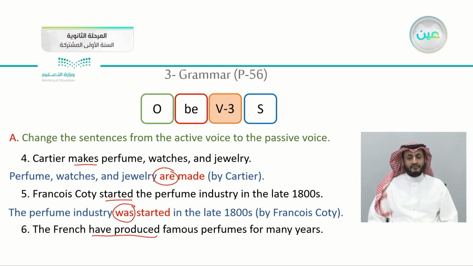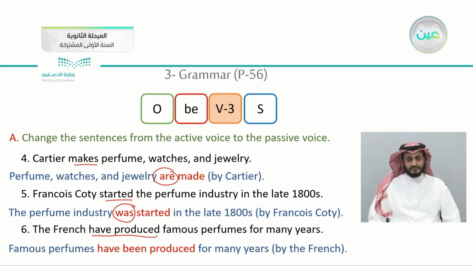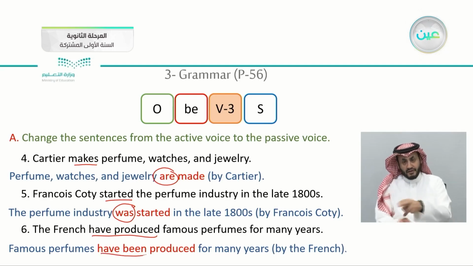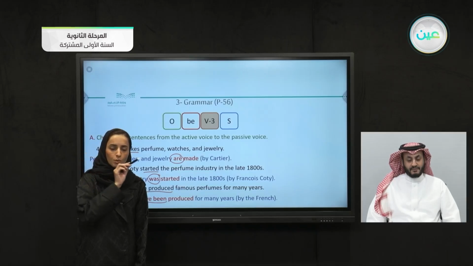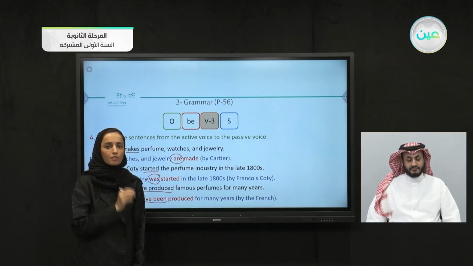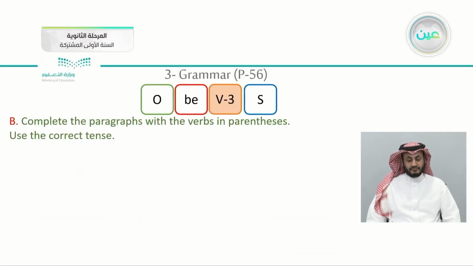Have produced, present perfect. So, we will say, famous perfumes have been produced. Notice, have been produced for many years by the French people. So, all you need to do, object, start with it, the verb will affect the verb to be that we're using.